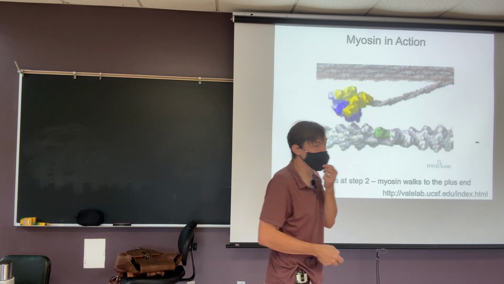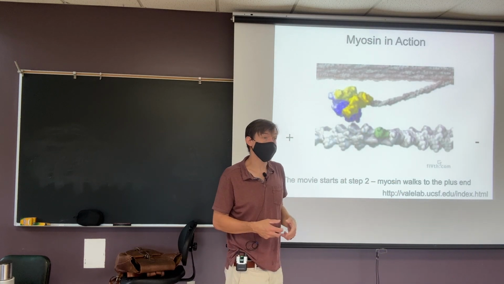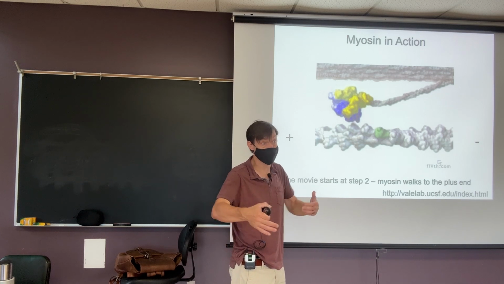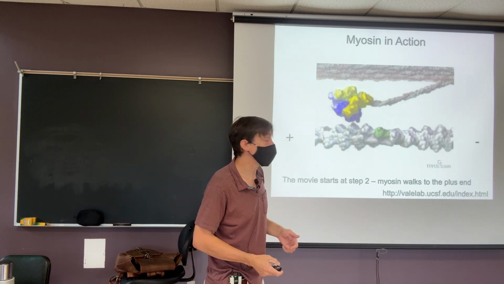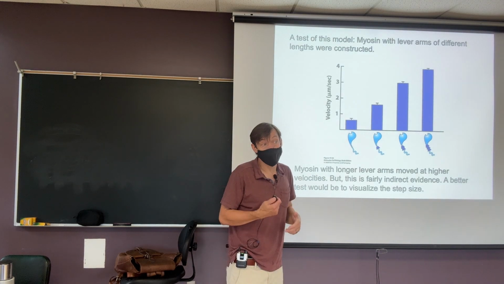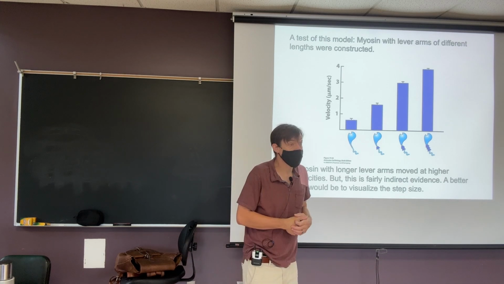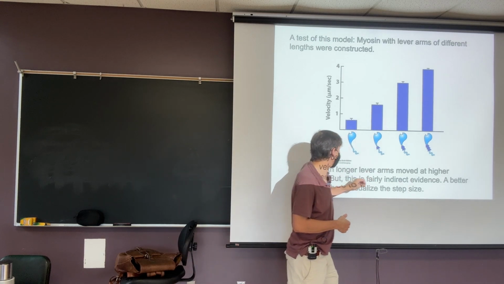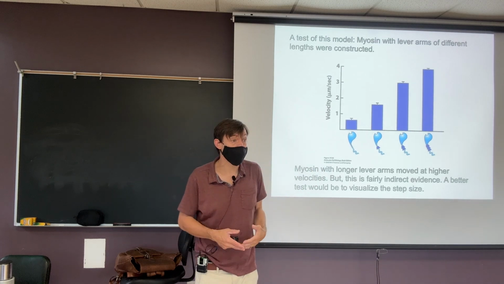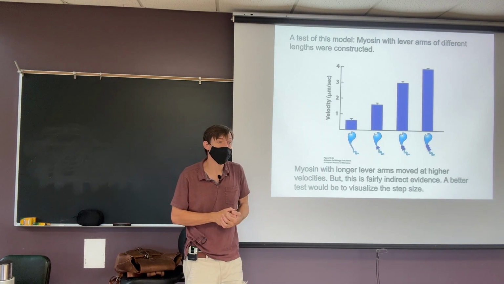So another way is to just go in and manipulate the system. If you think something is important, you want to go in and change it and see if it changes the outcome of other things that you think are important. The way that this was actually tested is people created constructs where the length of the neck domain was progressively longer, and then they just measured the velocity of actin filament sliding.